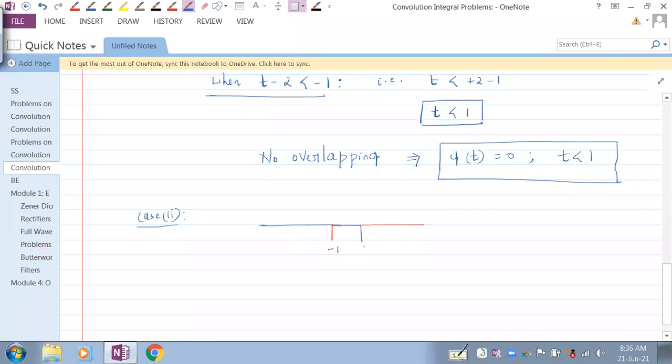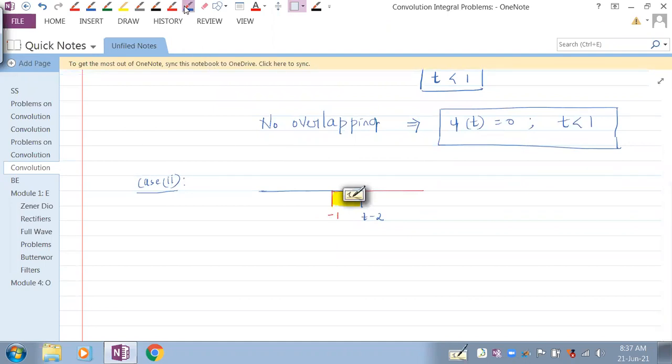And let's say our t minus 2 is here now. So which case is this? Overlapping is there, and the overlapping is from here to here. This is the overlapping range.